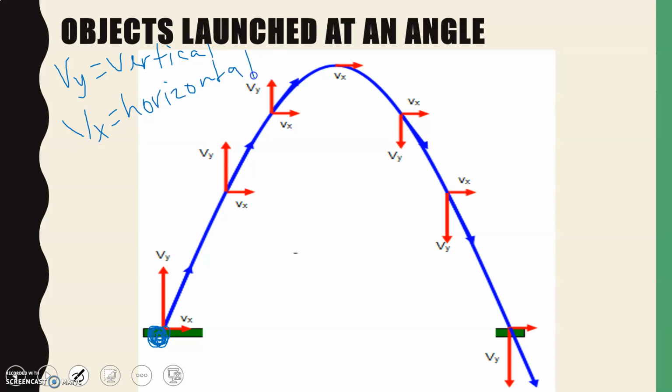So as we look at this projectile motion, yes, it has both vertical and horizontal components, but we like to look at them separately. So first, let's look at our horizontal component. So just the Vx. So as we're looking at Vx, you should see Vx here, here. These are all of our Vx components.